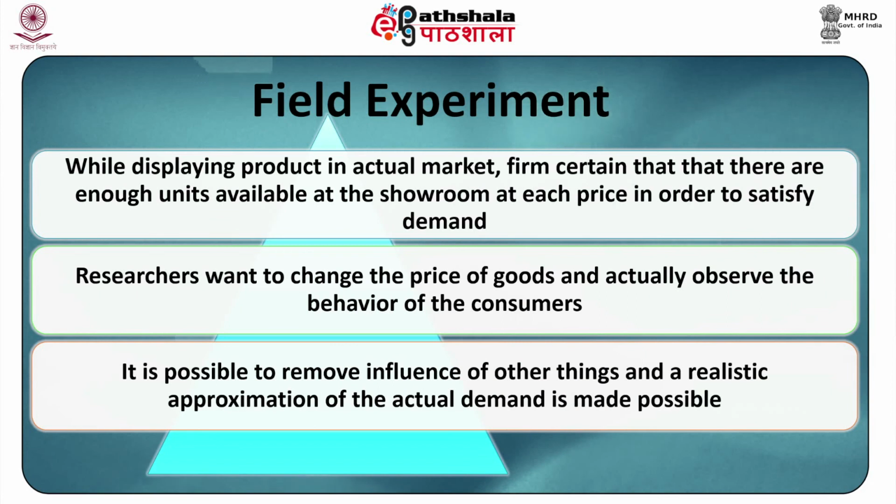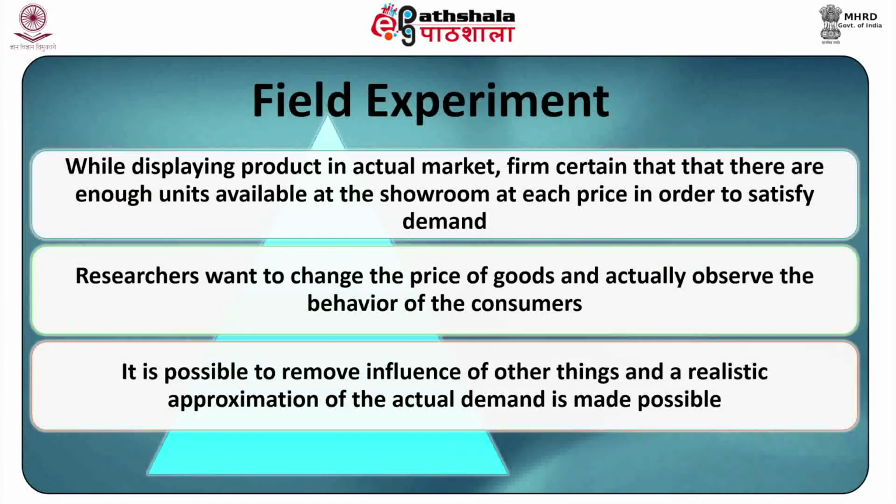In the second method, that is field experiments or field study, when firms display their products in the actual markets, they make certain that there are enough units available at the showroom at each price in order to satisfy demand. Hence, there is no impact of change in supply.